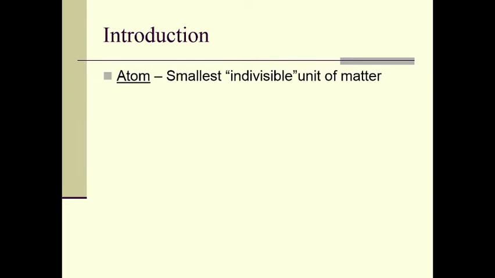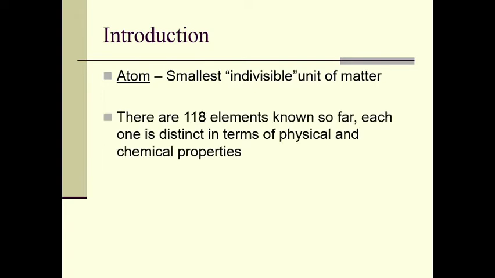We know the atom is the smallest individual unit of matter. We have already studied in the first chapter that it is the smallest indivisible unit of matter. There are 118 elements known so far, and each one is distinct in terms of its physical and chemical properties.